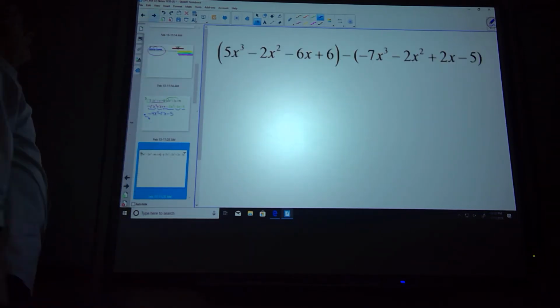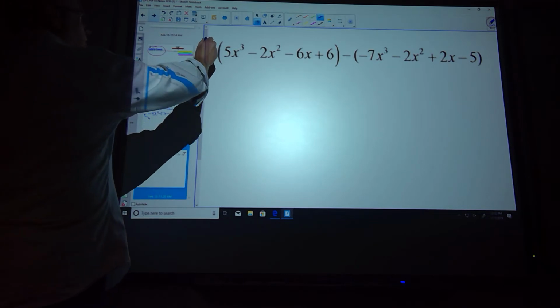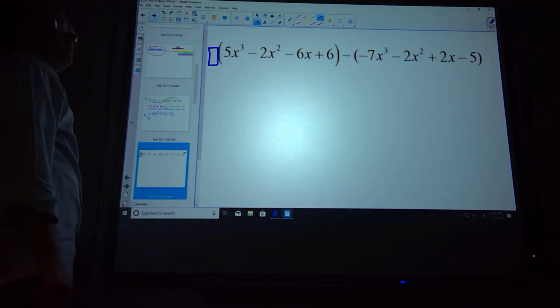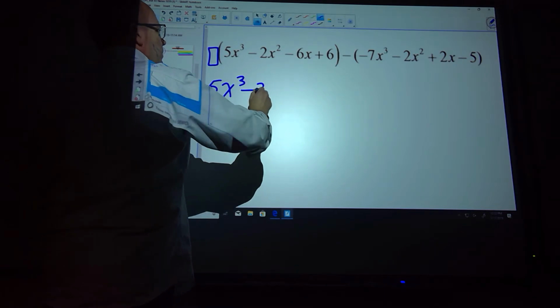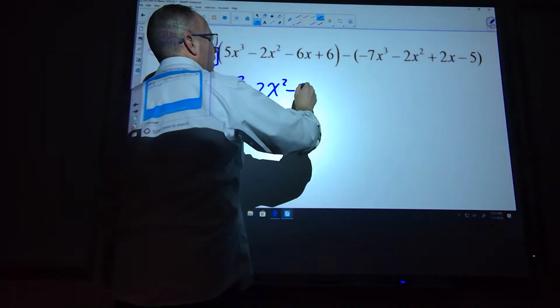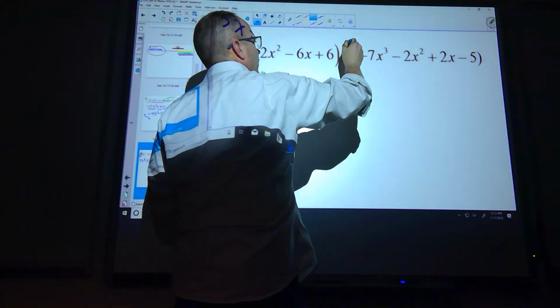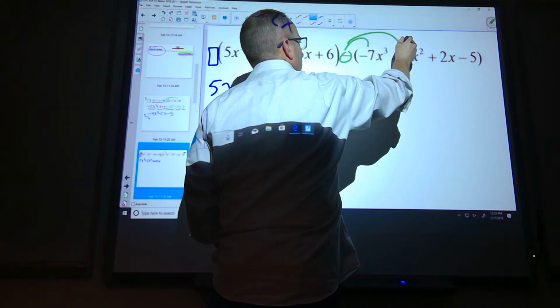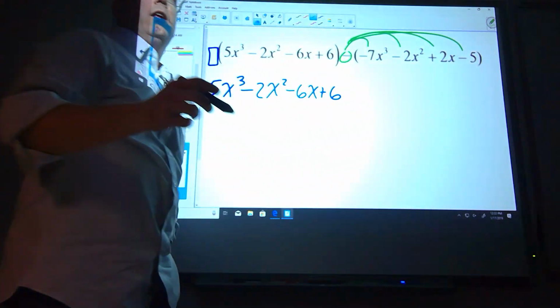Okay. Let's see. So my very first grouped polynomial, is there any negative sign out here? No. So I'm just going to go ahead and drop those parentheses, keeping all the signs the exact same here. But I do indeed have a negative here, so I have to make sure it comes here, here, here, and here. And it's going to change every one of those signs.